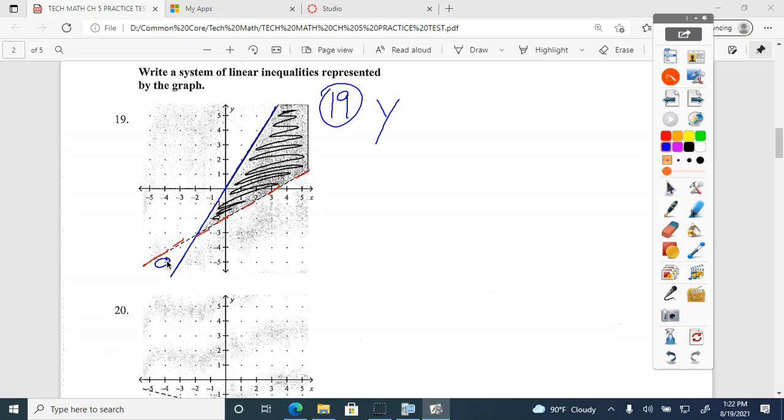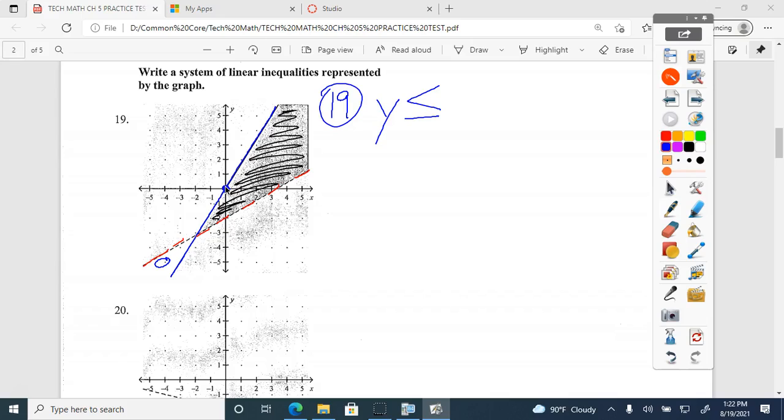So this should be less than. Is it going to be equal? Yes, because the blue line is solid. Where are we crossing the y-axis? Right smack dab in the origin, so my b is 0, which means I don't have a b.